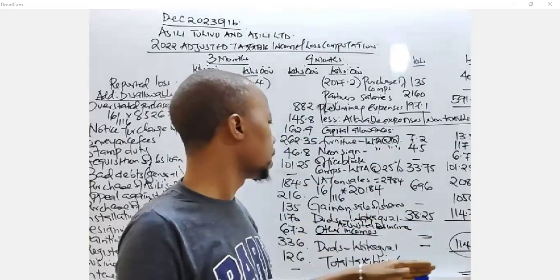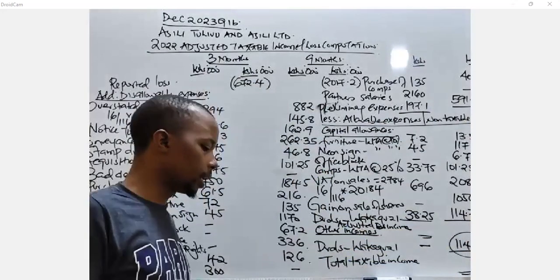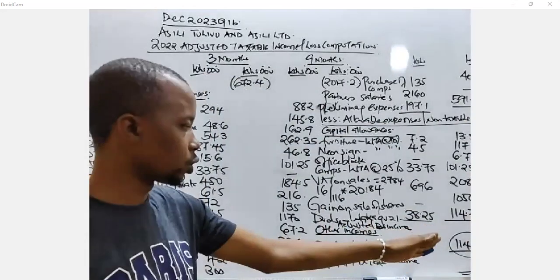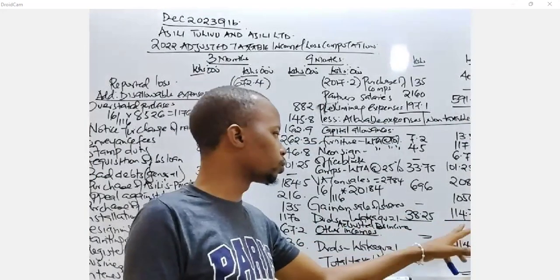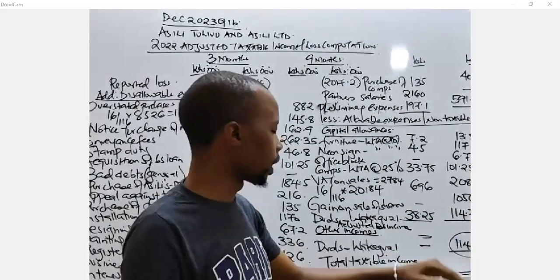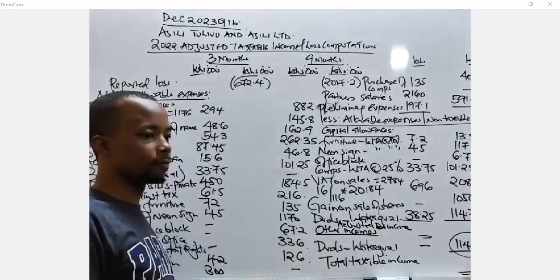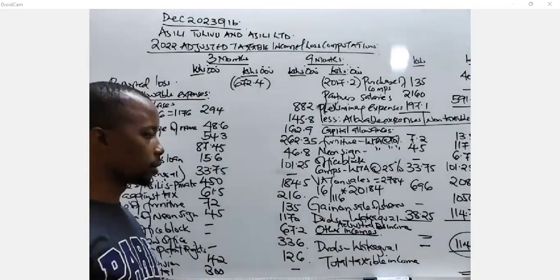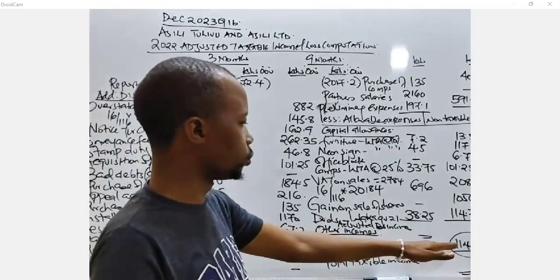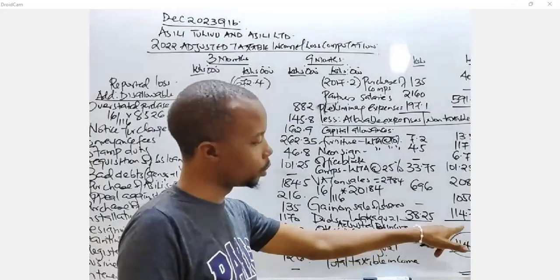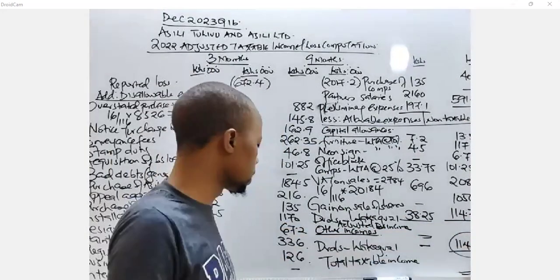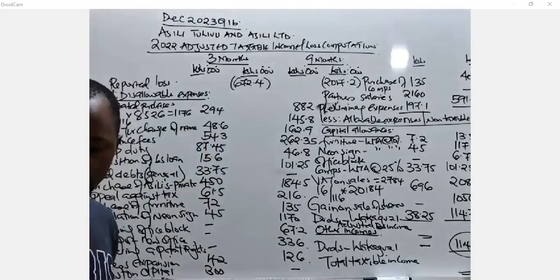Then it means a loss from another type of business cannot be offset by an income from another source, and therefore that is why you cannot take the losses and subtract them from the income from other sources. That is why we can't combine the two. So it is very important for you to understand that concept. So if you get a loss here, then it means the total taxable income of yours is 114.75.